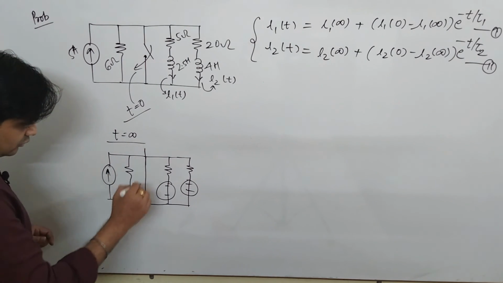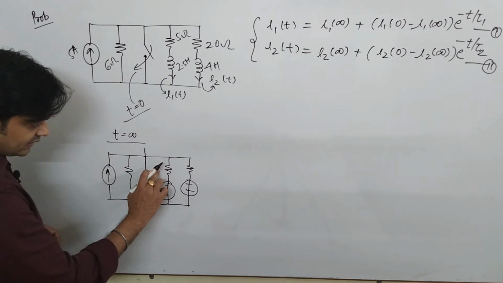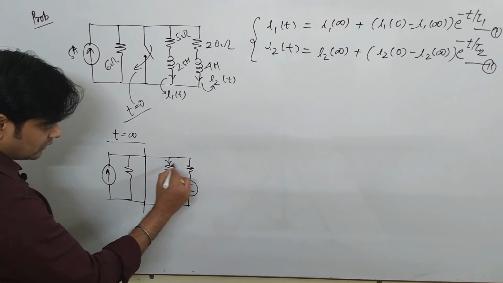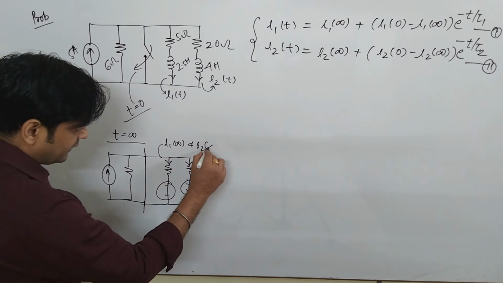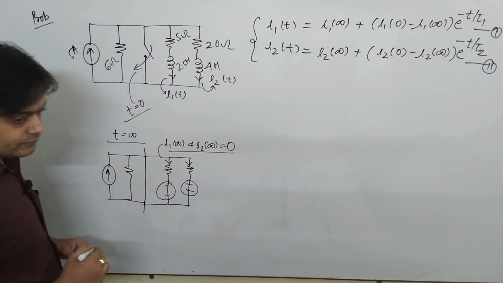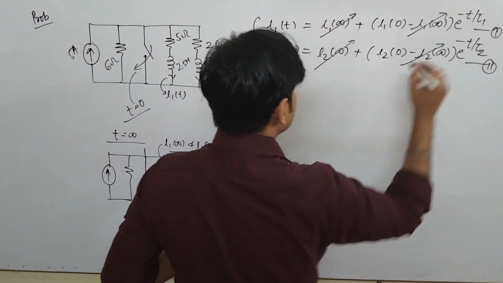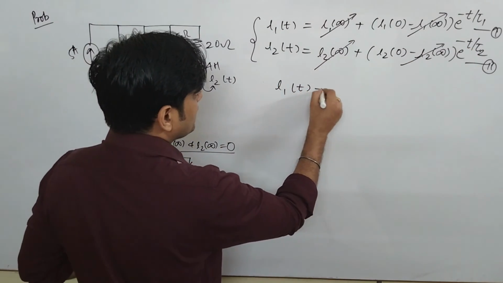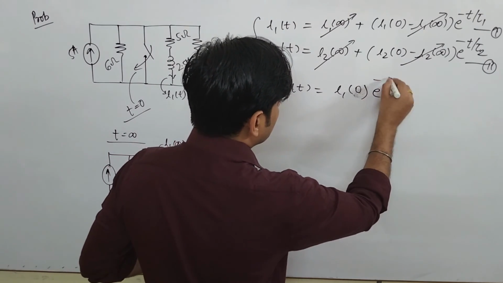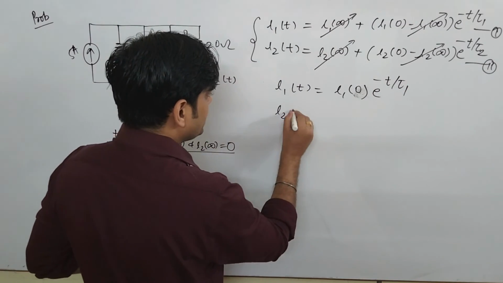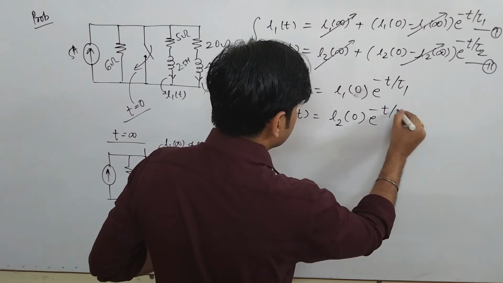Once it is short circuited, whatever circuit is here has no significance to the circuit present here. So I1 infinite and I2 infinite will be 0, and these terms go off from the solution. Finally, I1(t) comes to be I1 0 e to the power minus t by tau 1, and I2(t) is equal to I2 0 e to the power minus t by tau 2.